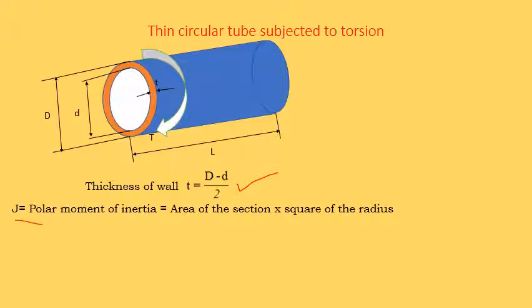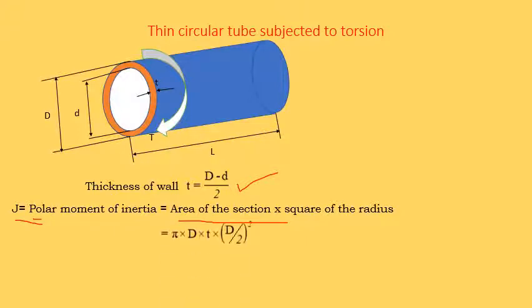Then to find the polar moment of inertia of a thin circular tube, we have the relation between area and the radius, that is, area of the cross section multiplied by the radius square gives the polar moment of inertia.